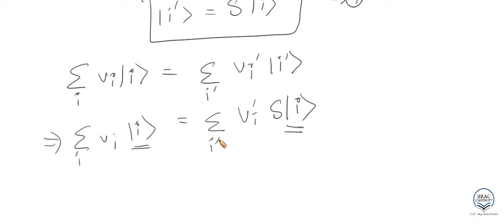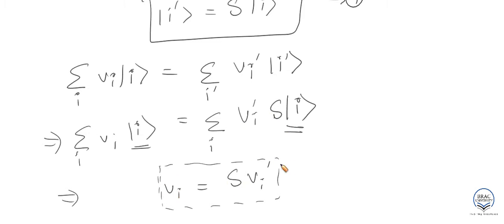And instead of summing over i primes, now the sum will be changed and it will be going to just i. So let me get rid of this prime over here, and comparing the left hand side and the right hand side, we can write V_i is equal to S V_i prime, because these S are, when you think in terms of the column matrix, that's how you should write it.